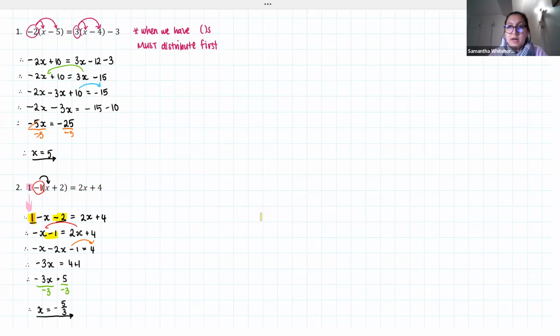So I just simplified the like terms in order to minimize the number of terms I was working with. Hope that makes sense. So I just added and subtracted my like terms. Good. No questions?